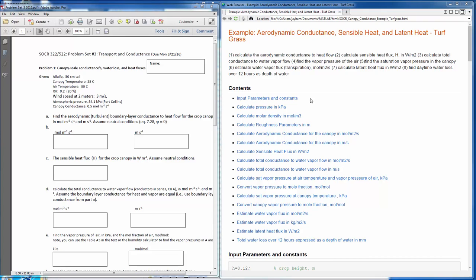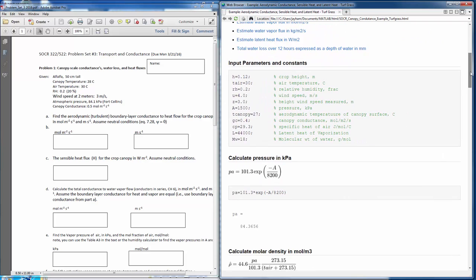Now I used a program called MATLAB and then a publish feature, but I think you'll be able to follow right along and see how I basically worked through the exact same set of questions that are on your problem set. So let's go down to the input parameters for the problem that I'm working.